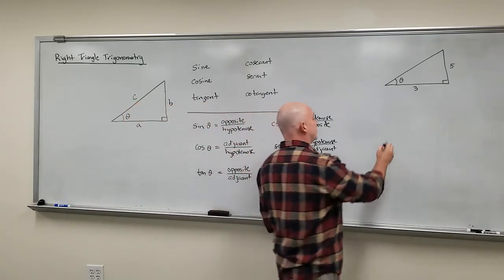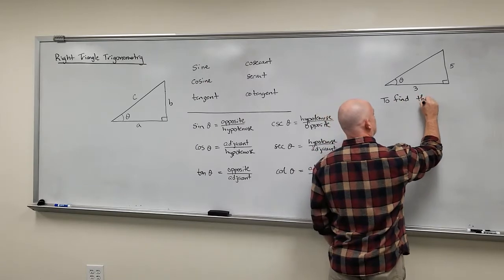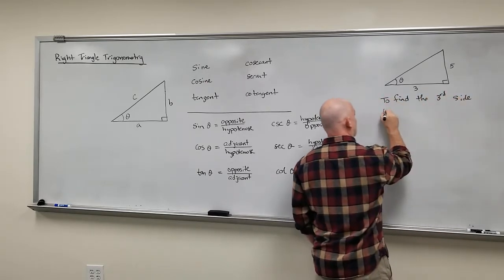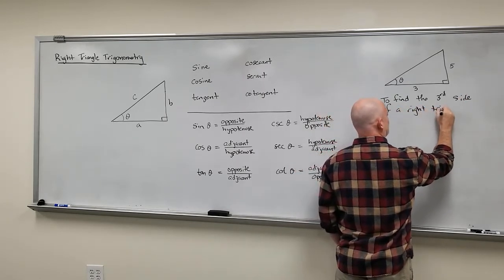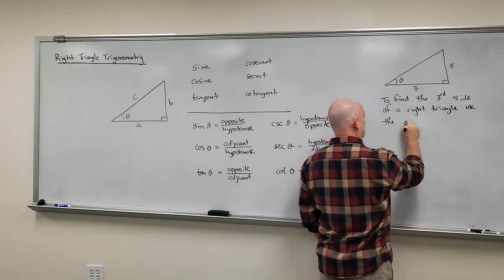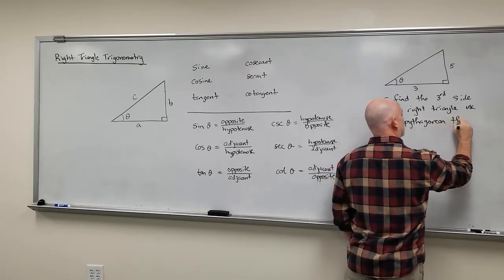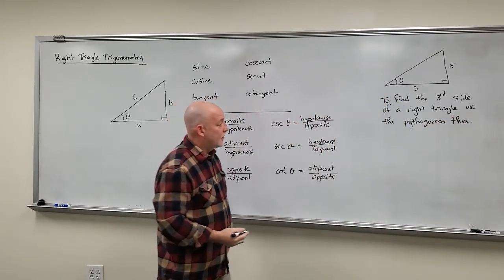Well, to find the third side of a right triangle, use the Pythagorean theorem. Okay, so hopefully everybody remembers our Pythagorean theorem.